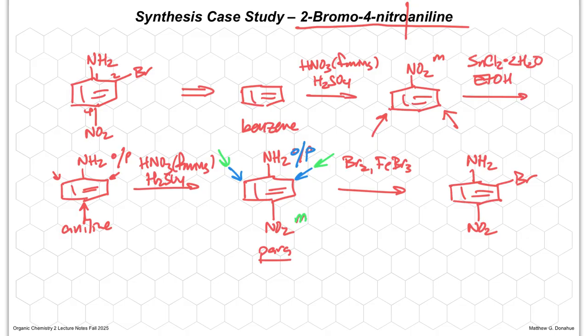So aside from any minor isomers being produced from an ortho-para distribution, there really isn't any major flaws in terms of the positions that we'll end up with here.